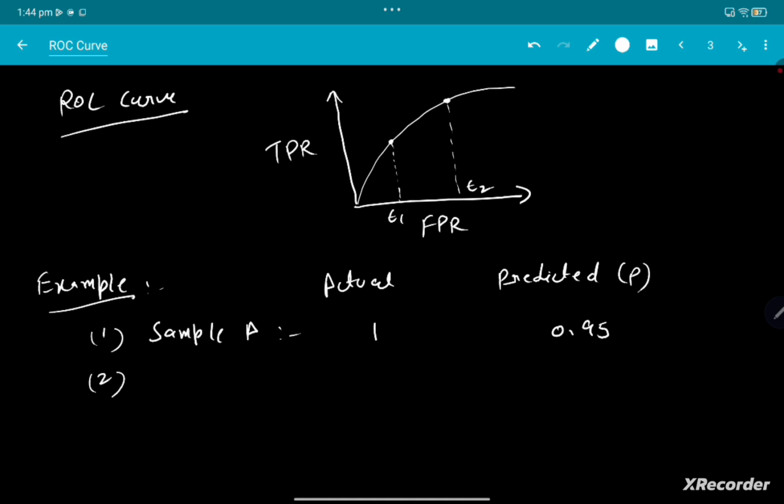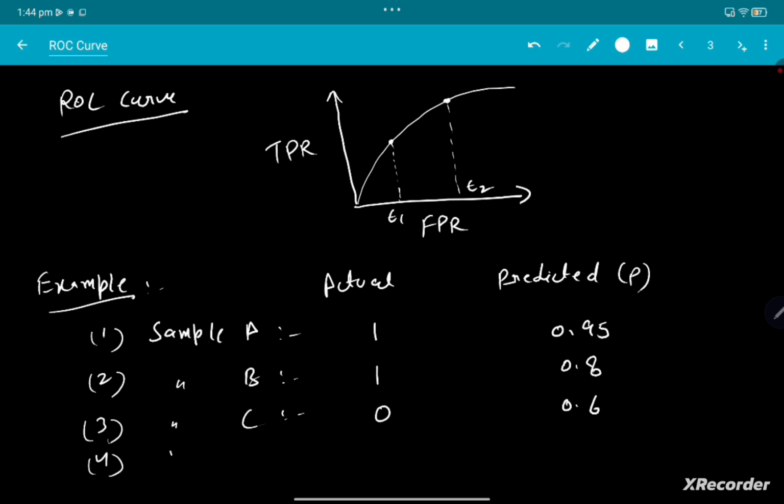Now for the second sample, the actual is 1 and the predicted is 0.8. For the third sample, the actual is 0 and the predicted value is 0.6.